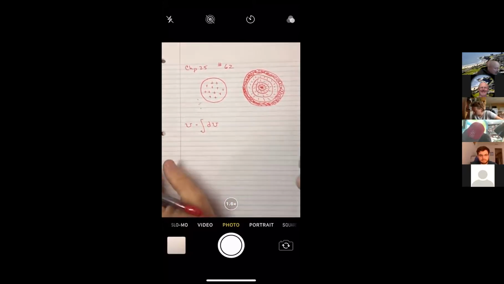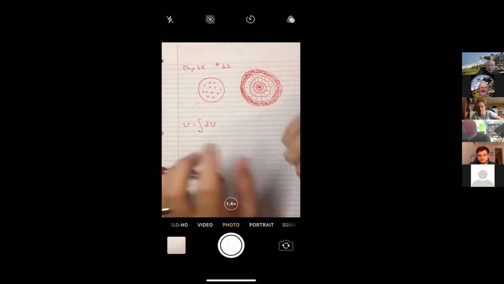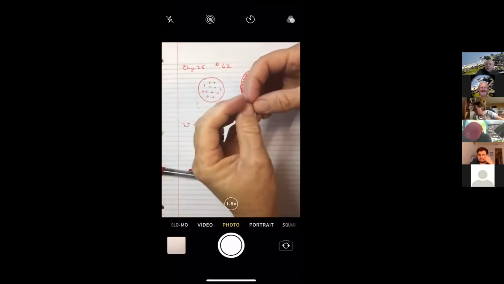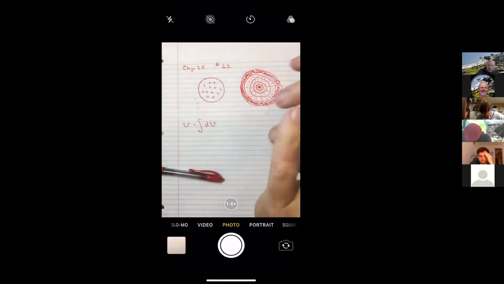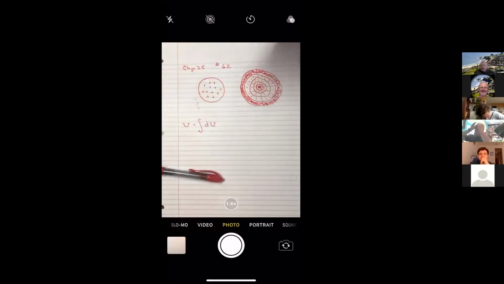Maybe a silly example is aluminum foil, where maybe your first piece of aluminum you crumble into a ball, then you get another piece of aluminum and you wrap that around, and then you get another piece of aluminum and you wrap that around. When I was a kid, we would do that all the time.